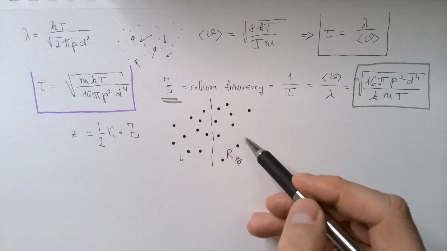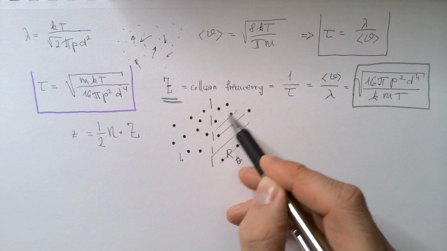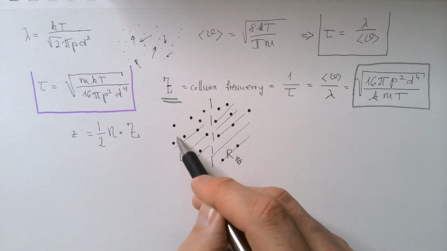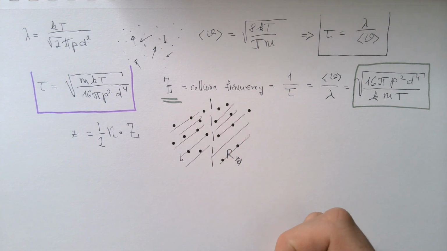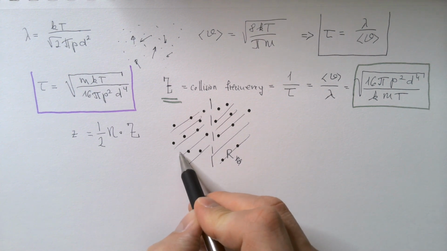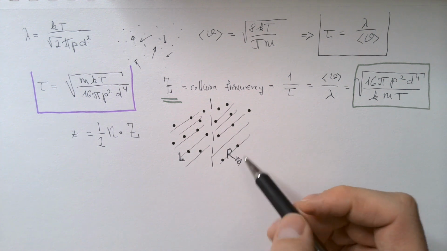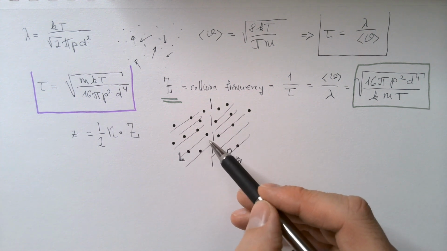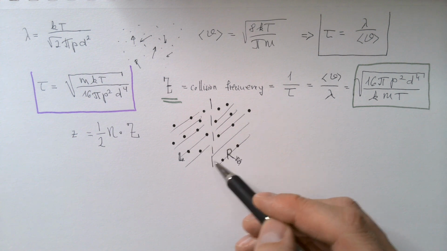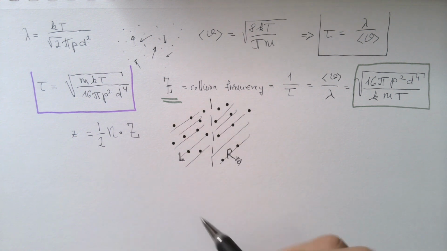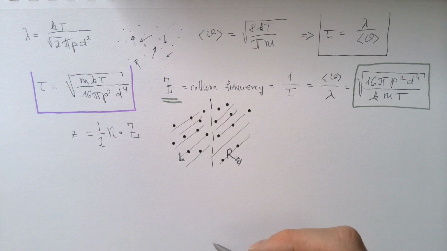Well, collision between right atoms and left atoms in this box is the same as collision between atoms from the left side and atoms from the right side. And that means we don't want to count one collision 2 times, and that's why this factor of 1 over 2 is added to the total number of collisions.